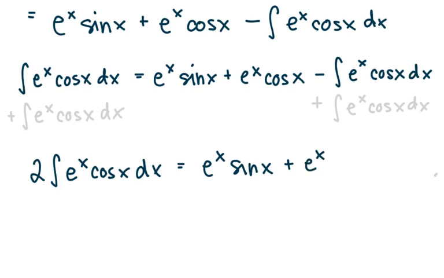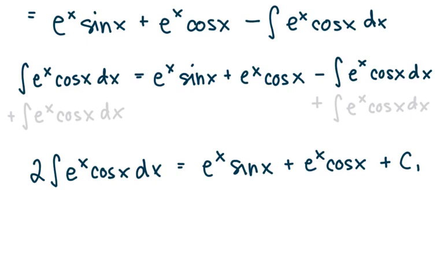I just use the addition property of equality to move that to the other side of the equation. So remember, because we were doing integration, we have an arbitrary constant on this side. So I'm going to write plus c sub 1.